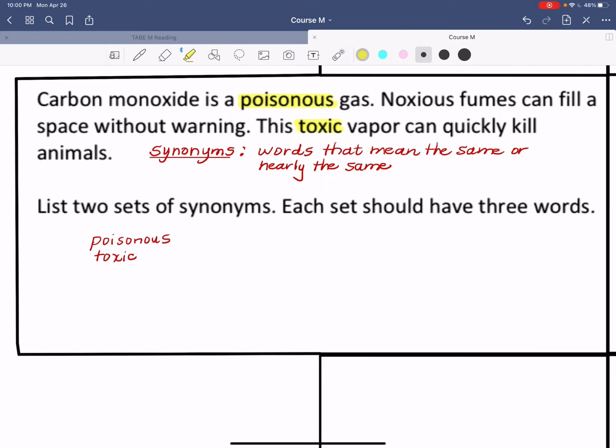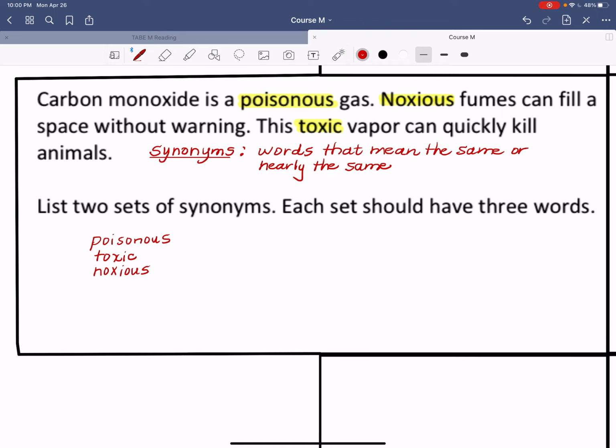The word noxious. Noxious fumes. Fumes are something that I breathe. So poisonous fumes, toxic fumes, noxious fumes. Those words all mean the same. So because I know what poisonous means, I can figure out what noxious and toxic mean.